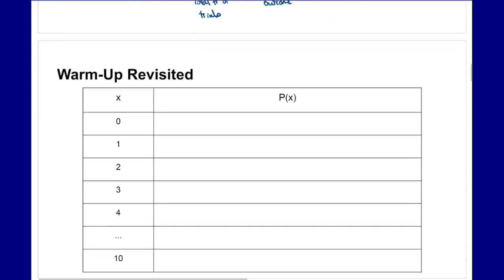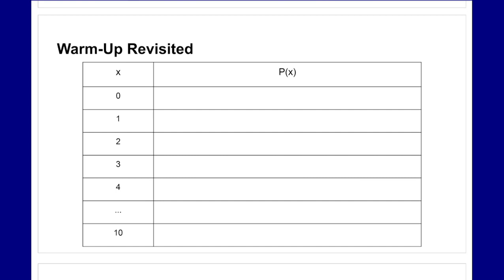So let's go back and look at that warm-up, looking at the 70% success rate, which meant a 30% failure rate. The drug did not work 30% of the time, or there was a 30% chance that it didn't work. Using our formula for binomial distribution, which was n choose x times p to the x times q to the n minus x, let's look at that in terms of each specific outcome. Remember, the probability distribution talks about the probability for every possible outcome.